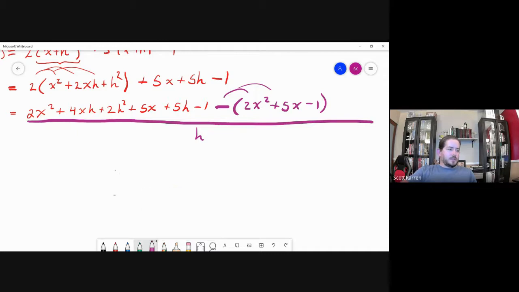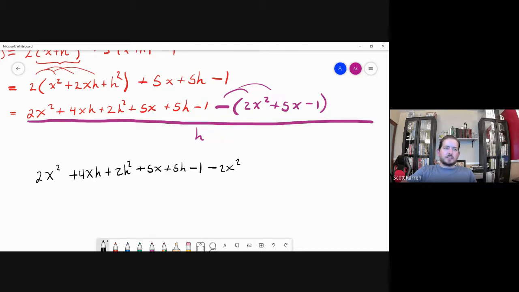And this ends up being 2x squared plus 4xh plus 2h squared plus 5x plus 5h minus 1 minus 2x squared.